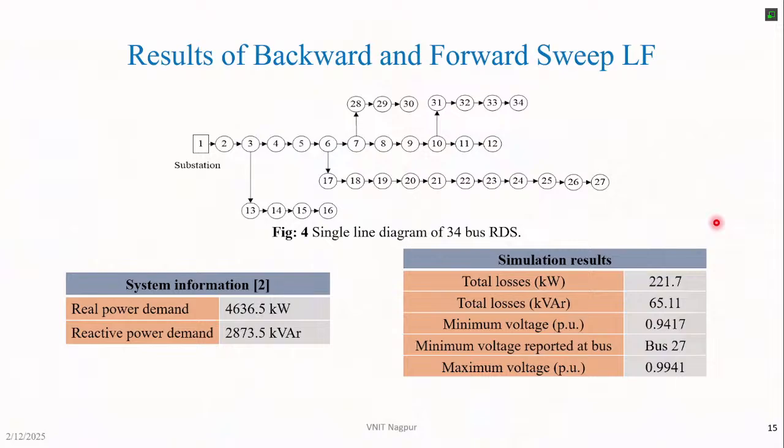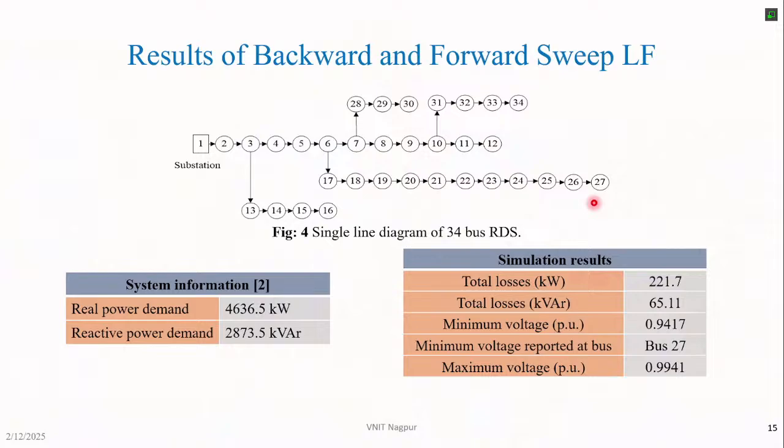So where should we place those capacitor banks? We can randomly put them anywhere, but that is definitely not the solution. We may not get the best result. So we may utilize an optimizer algorithm to identify the exact location, which will help us reduce the losses and at the same time improve the voltage.